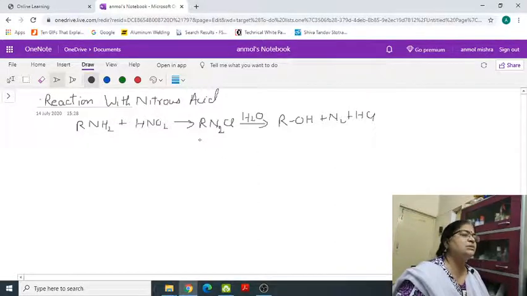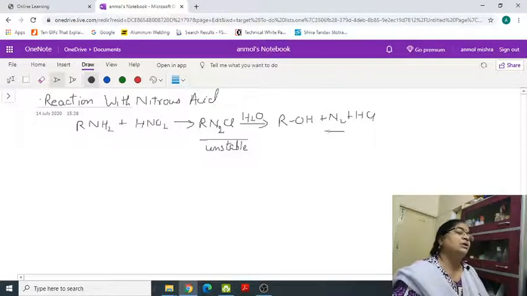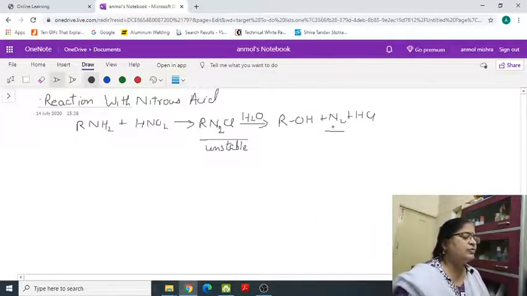So this is unstable. If the temperature increases, it decomposes. So this reaction is used for quantitative analysis of amino groups and protein. We can know the amount of nitrogen involved. So this reaction is used for the estimation of amino acids and protein.